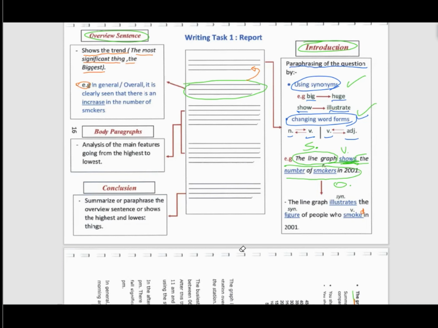You start the overview sentence by saying, in general or overall, comma, it is clearly seen that there is an increase in the number of smokers, for example. In general or overall, it is clearly seen that there is an increase in the number of smokers. When do we say that? Let me show you.